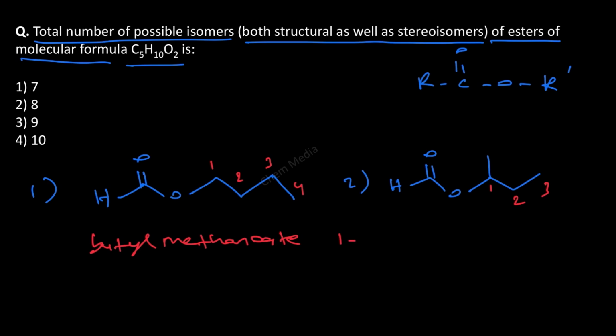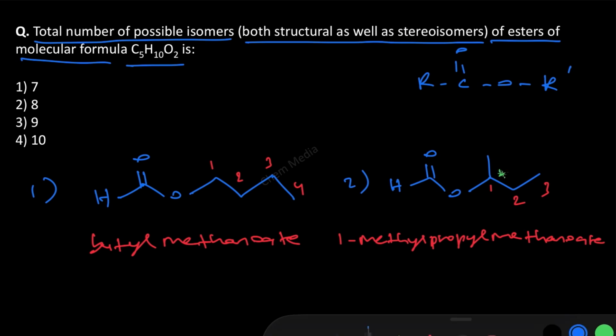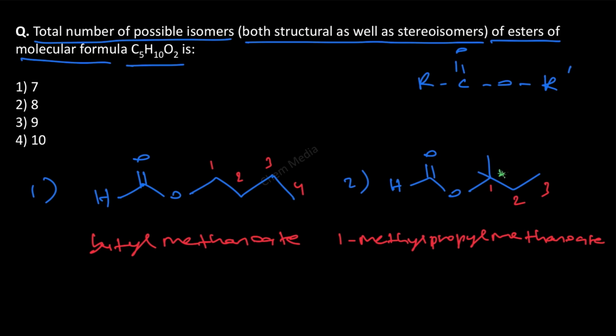So this is 1-methyl propyl methanoate. Now for this isomer we have a chiral center at one position, isn't it? So we have a chiral center here because there is a hidden hydrogen here, that is one unit.